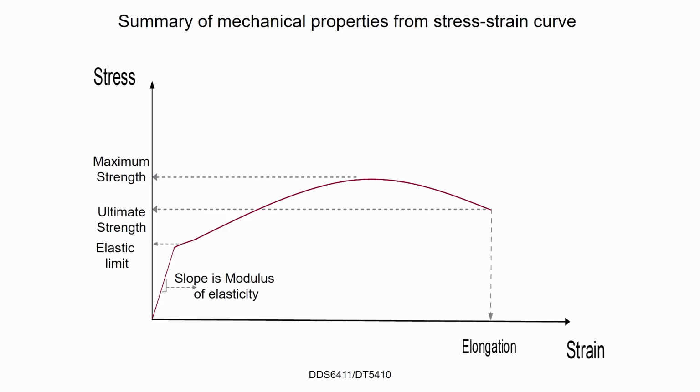If you account for necking, the reduction in cross-section, the stress will actually be higher once you go past the elastic limit. And the actual stress-strain curve will be increasing continuously. So the ultimate strength will be higher.